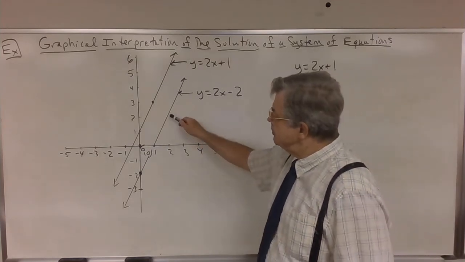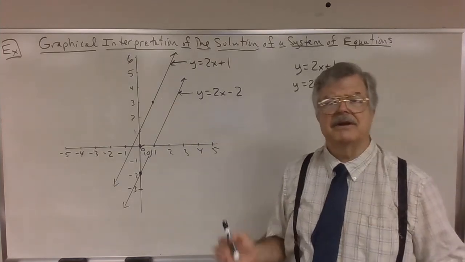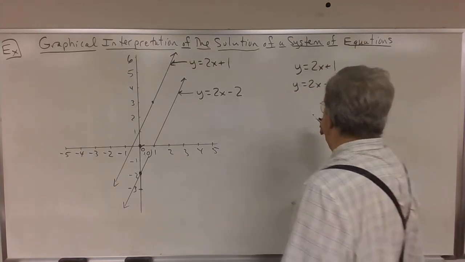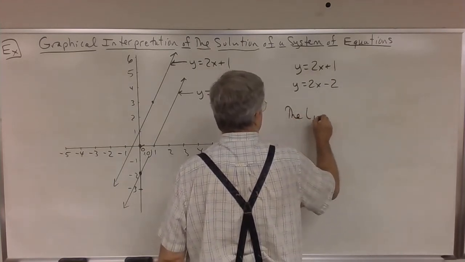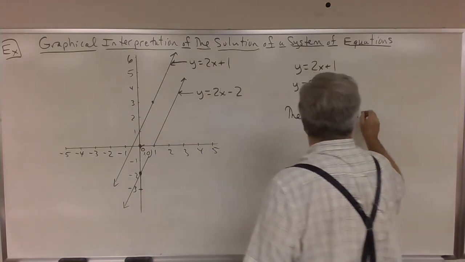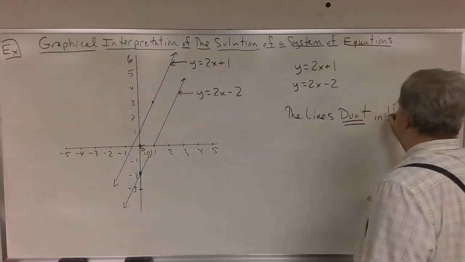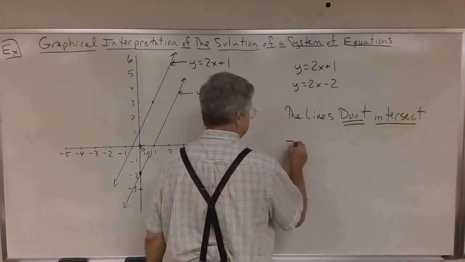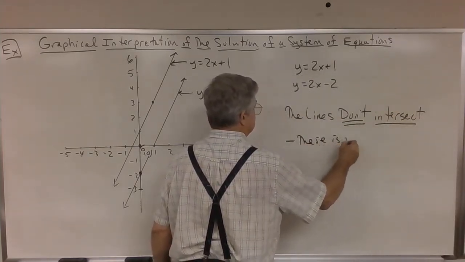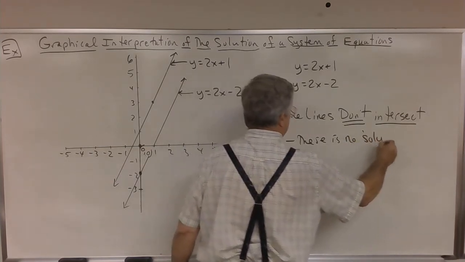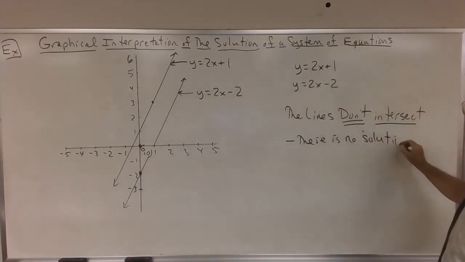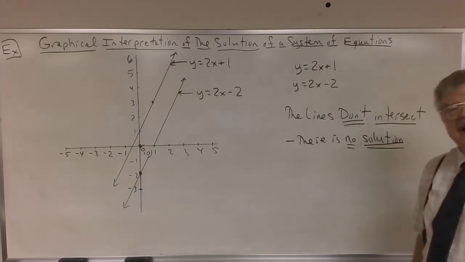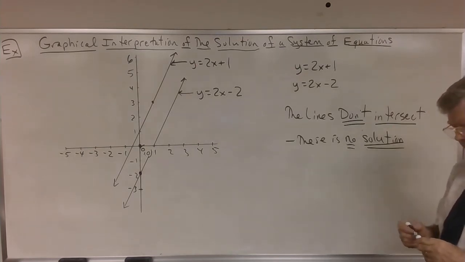And we look at these two lines, and they don't intersect anywhere. What does that mean? The lines don't intersect, so there's no solution. That's what that means. If the lines don't intersect, there's no solution.